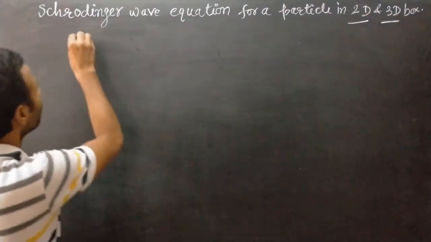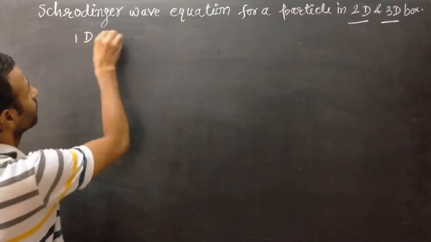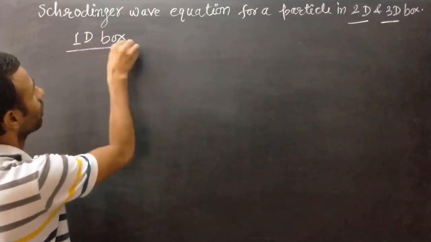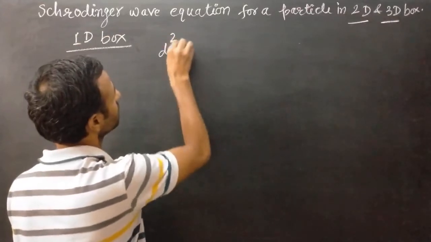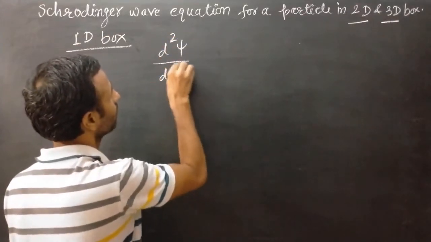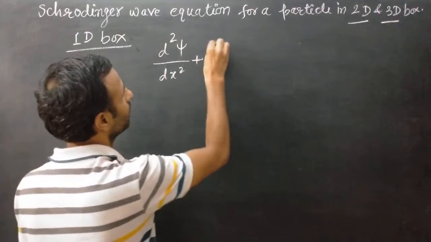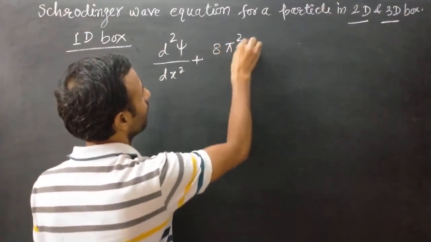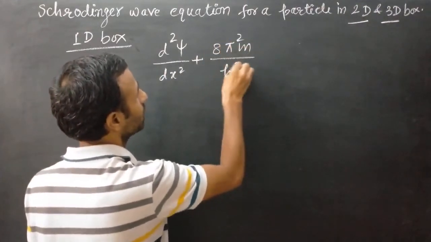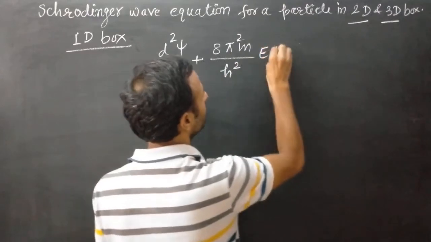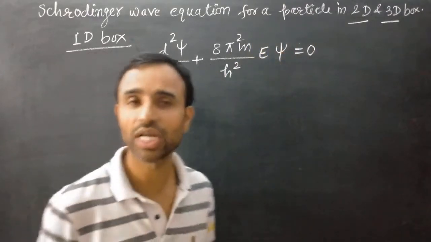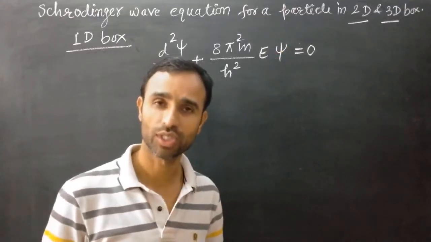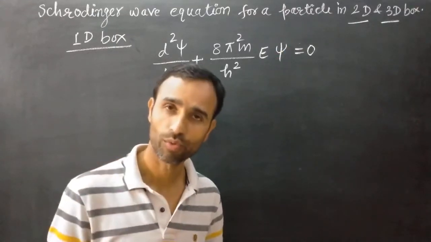For a one dimensional box, the Schrodinger wave equation is d square psi over dx square plus 8 pi square m over h square E psi, because the potential energy inside the box is taken as 0.